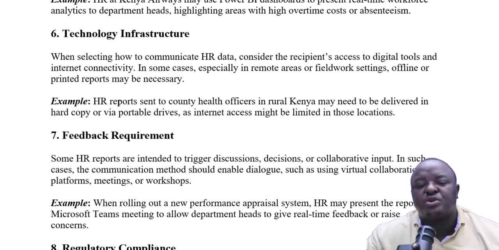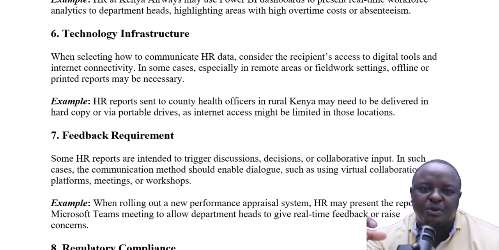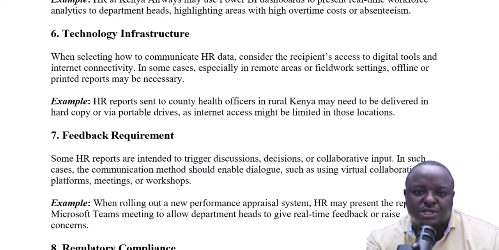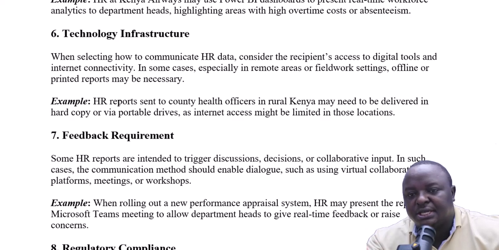So when information reports are being given, the question is, do we ensure that these people are well connected to technology? For example, there's a trend nowadays whereby instant messaging, like WhatsApp, is becoming so common that most groups within organizations are using WhatsApp for communication.